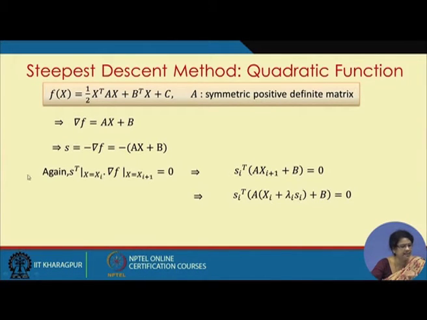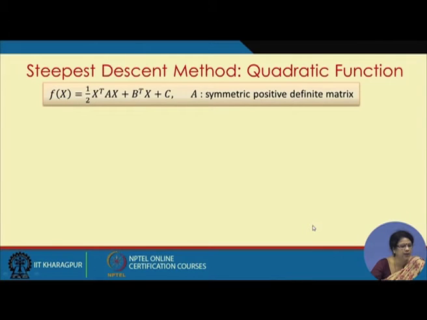Here Si is equal to minus grad of f, the same thing, okay. Now if we readjust it, we get A xi plus b together, and this is 1. Then from here we can calculate the value for lambda i or alpha i, whatever you want to call it, that is the optimal value of step length at the ith iteration, alright.